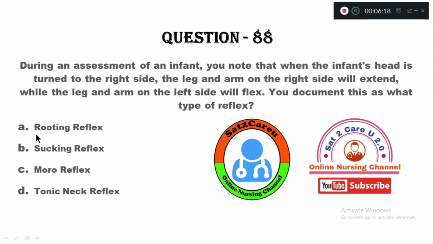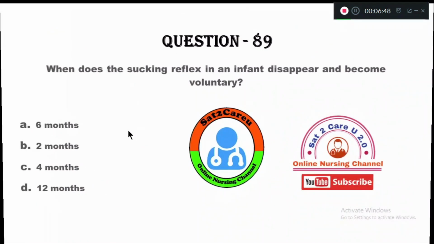Option A, rooting reflex, B, sucking reflex, C, Moro reflex, option D, tonic neck reflex. So when you turn the head to the right side, the right arm and leg extend and the left arm and leg flex. This reflex is known as tonic neck reflex. Option D is right.